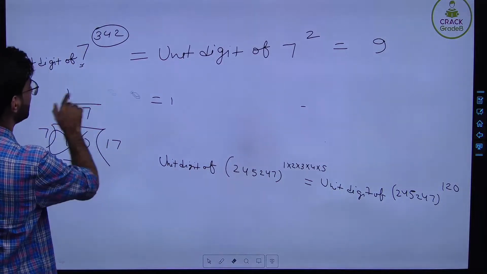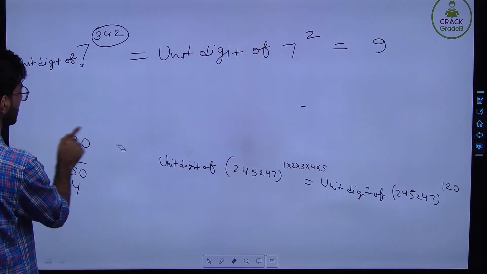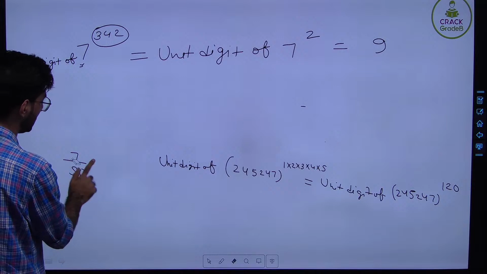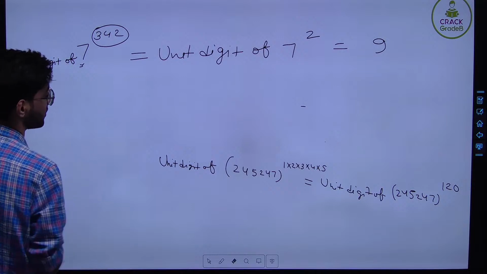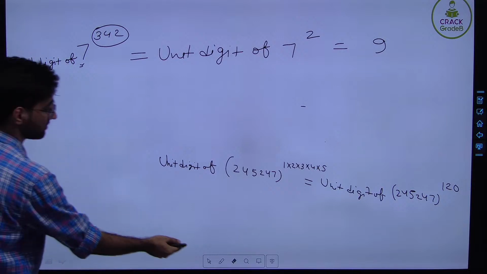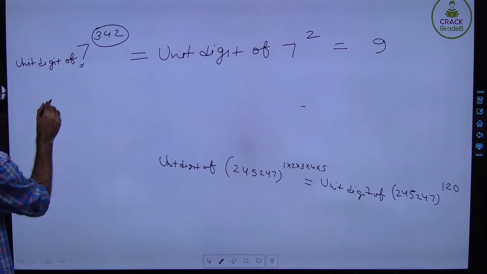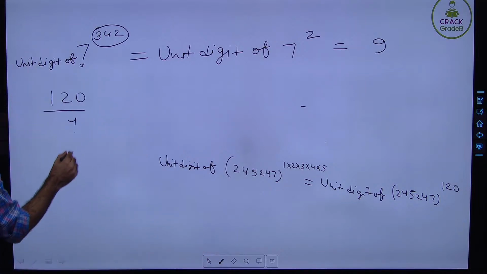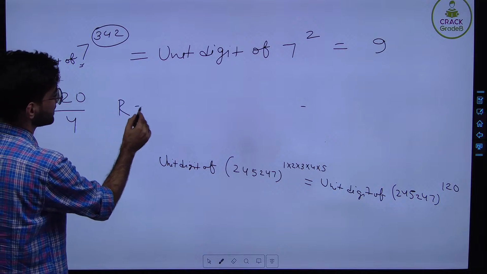We have to divide it by the cyclicity of 7. What is the cyclicity of 7? The cyclicity of 7 is 4, right? Means we have to divide 120 by 4. So what will be the remainder? The remainder will be 0.